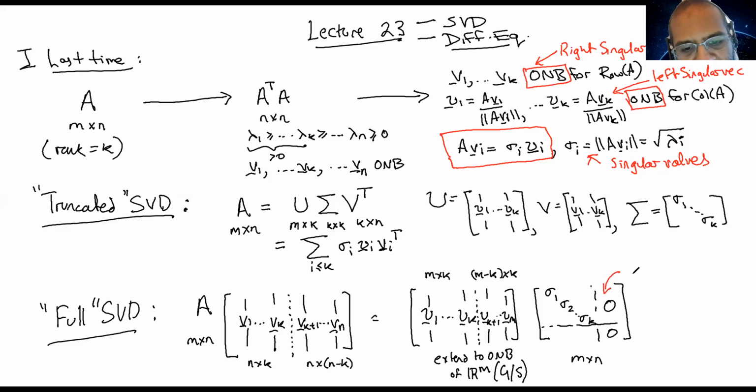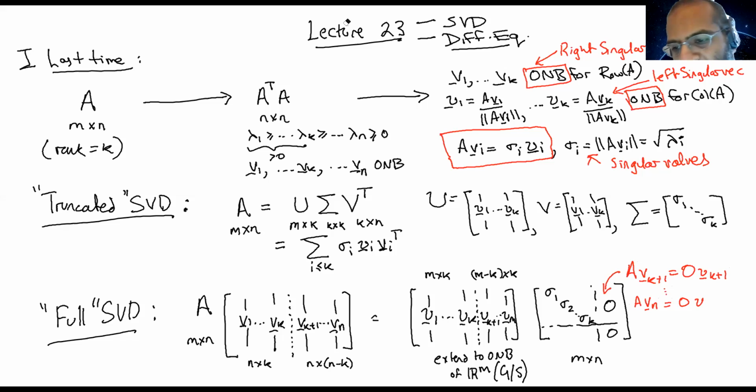The reason is, if you just look at, let's say, the k plus first column of the matrix. What is this equation saying? It's just saying that A v_{k+1} is equal to 0 times u_{k+1}, all the way down to A v_n is equal to 0 times u_n.